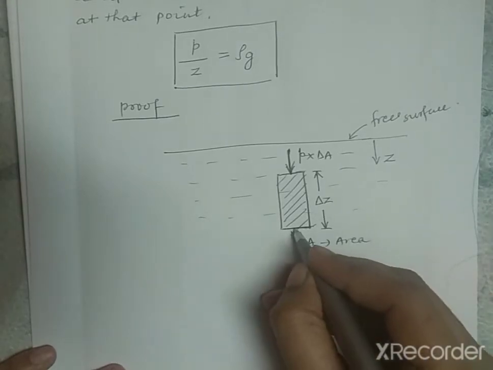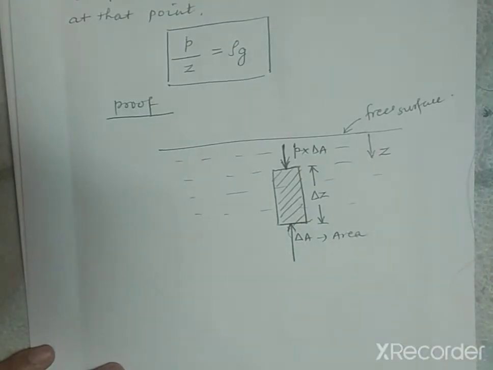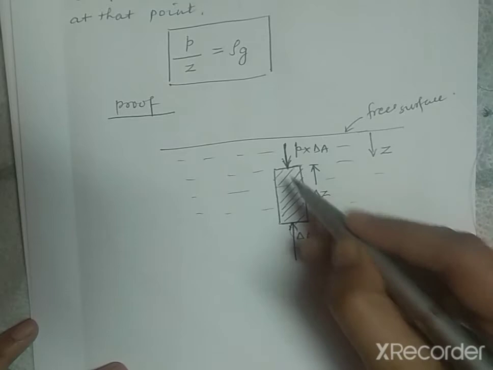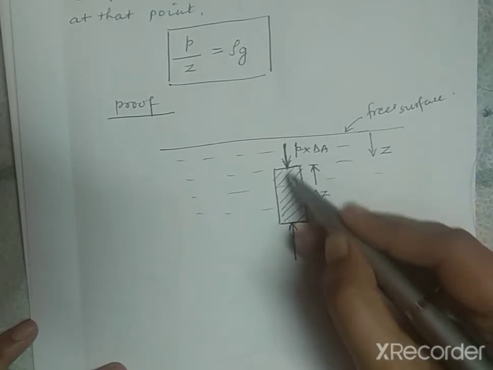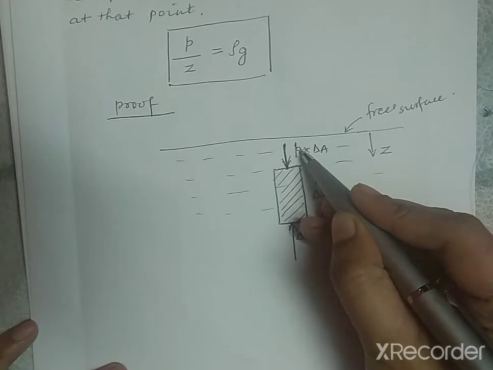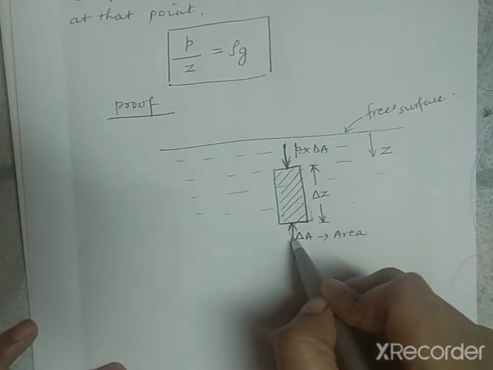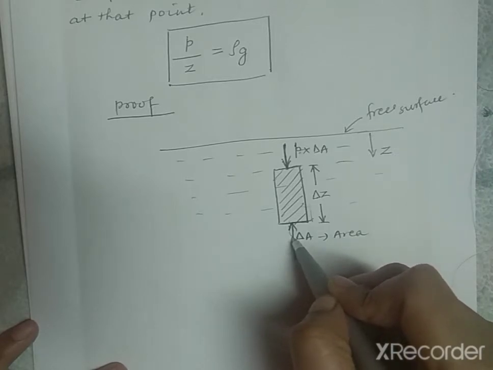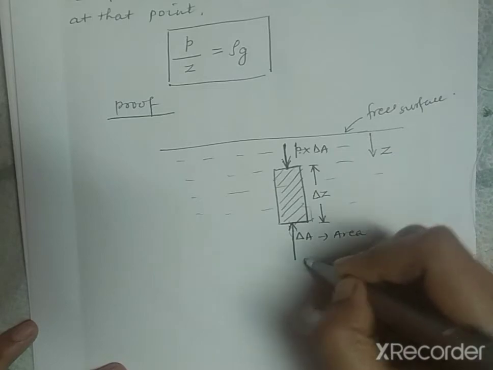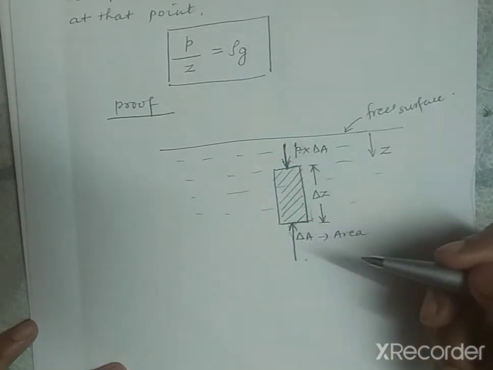Here also there will be a pressure. How to find out this particular pressure? This is a totally different point, so this P will keep on increasing until it reaches this point, and will be different from this pressure intensity.